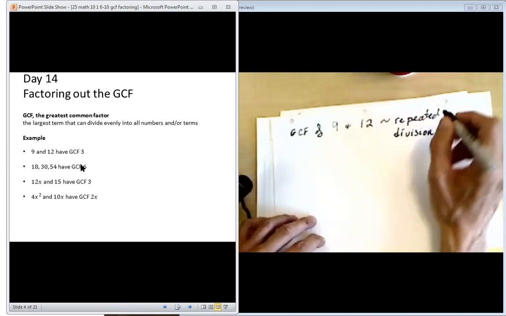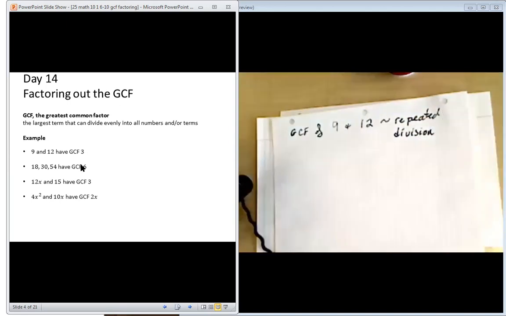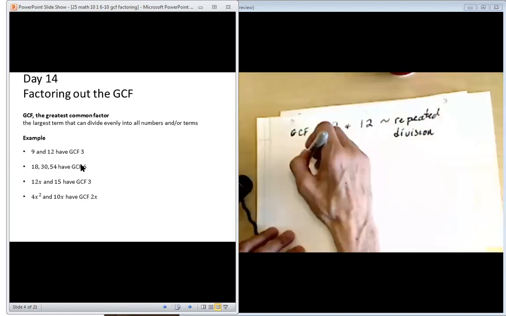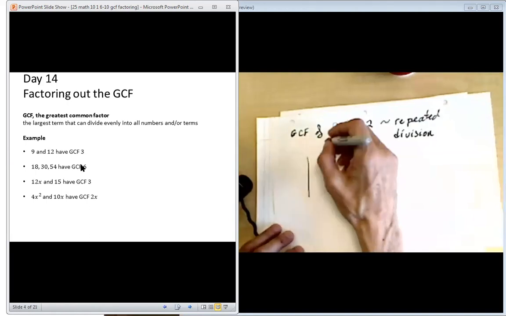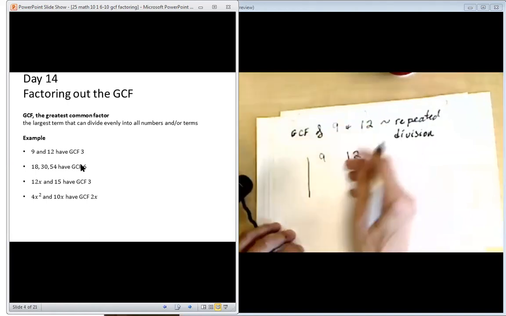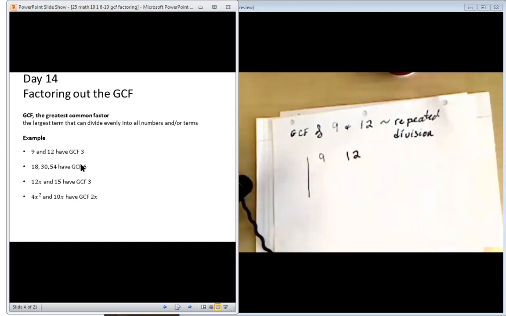It's going to look a little different than what we did before. Okay, it's going to set it up like this. We got 9, and we got 12 like that. Those are the numbers, the expressions we're working with.